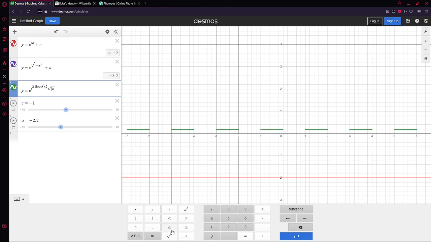This is getting funky. Oh, that's how I messed this up. i is recursive.